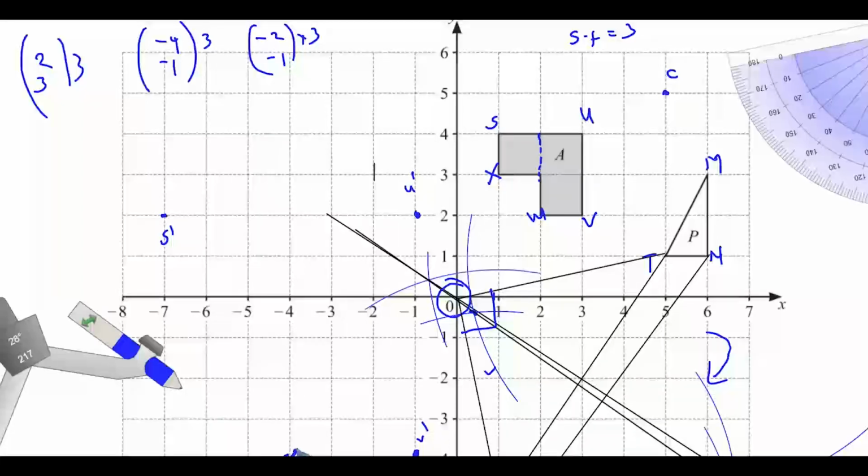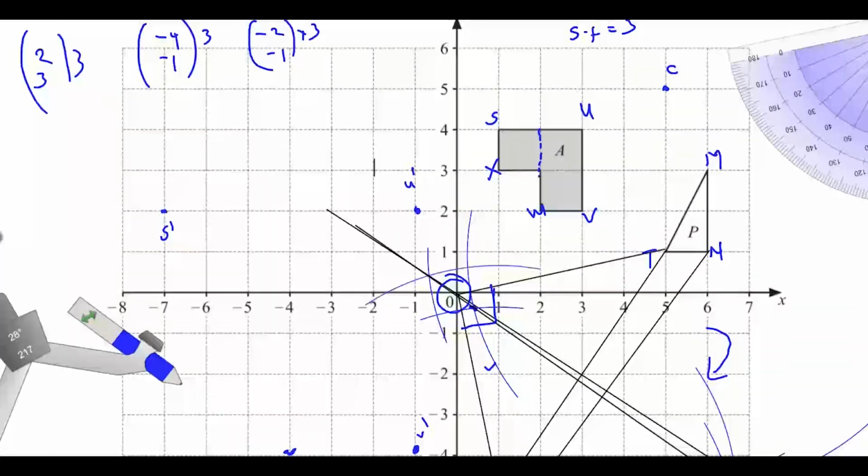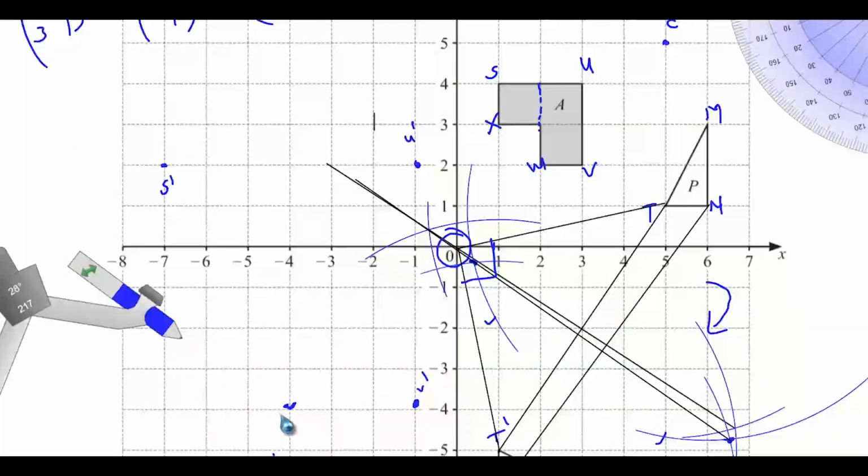So it should be here. Instead of counting from the beginning, since you know that you have 1 here and the scale factor is just 3, you multiply this by 3, so that should be 1, 2, 3. So you can easily get the distance, instead of counting from the beginning again, to save time.